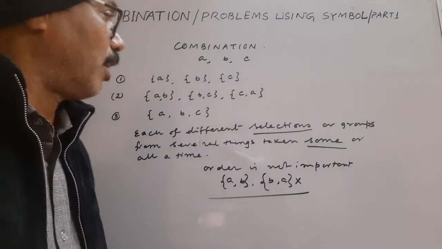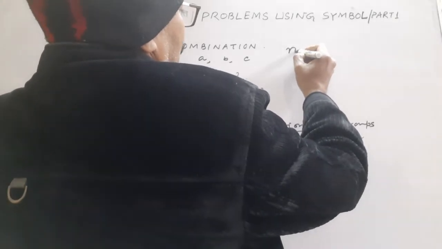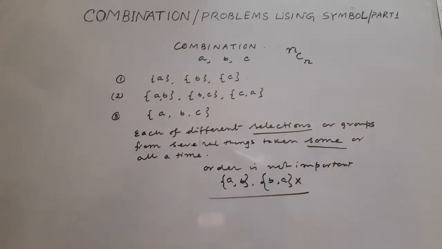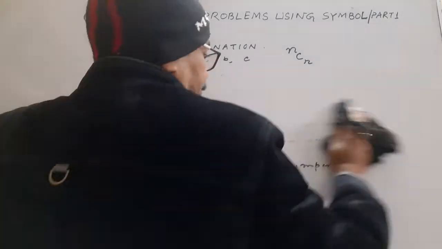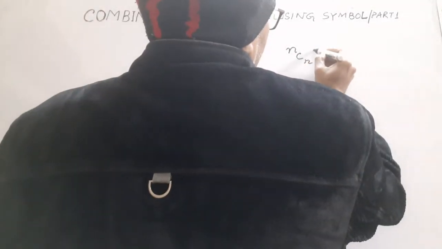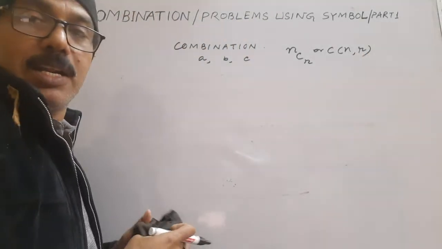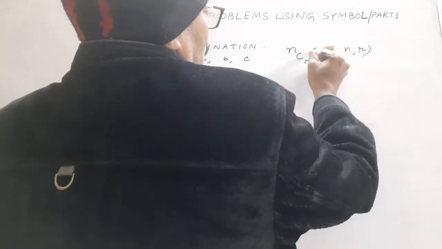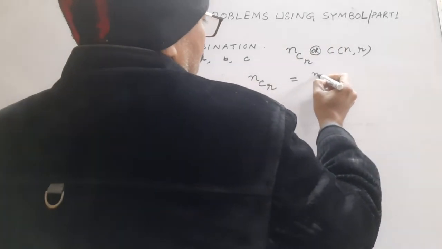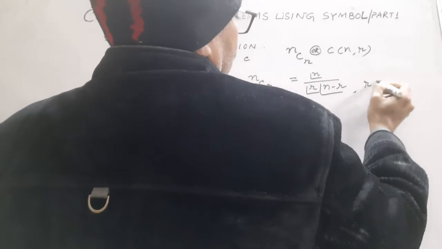Next, we have already discussed that the combination of n different things taking r at a time is denoted by nCr, where C stands for combination, or we can write it as C(n, r). nCr equals factorial n divided by factorial r times factorial n minus r, where r is less than or equal to n.